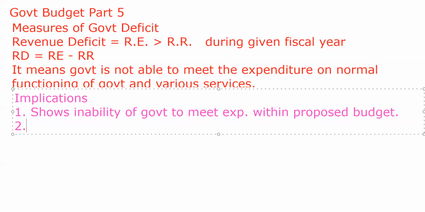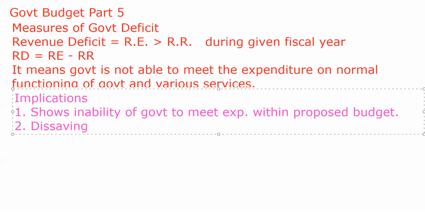Second implication: it implies that the government is dis-saving. It means the government is using up savings of other sectors of the economy to finance its consumption expenditure. Second implication is the dis-saving.